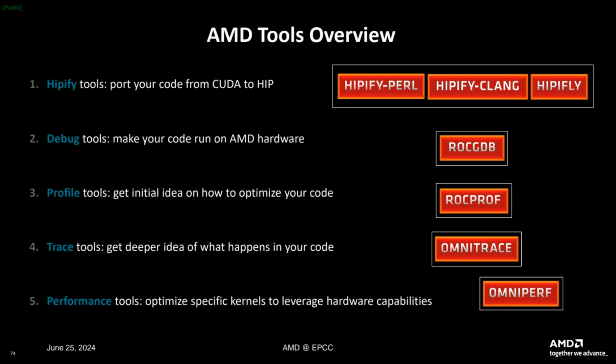As Bob already said briefly, we have HIPify tools that allow you to port your code from CUDA to HIP. We have debugging tools with ROCgdb that comes directly with ROCm, as well as ROCprof that would be the provider. But we also have newer tools that come off of AMD research, Omnitrace and Omniperf, that I'm going to show you what they can do for you and how they can be useful.